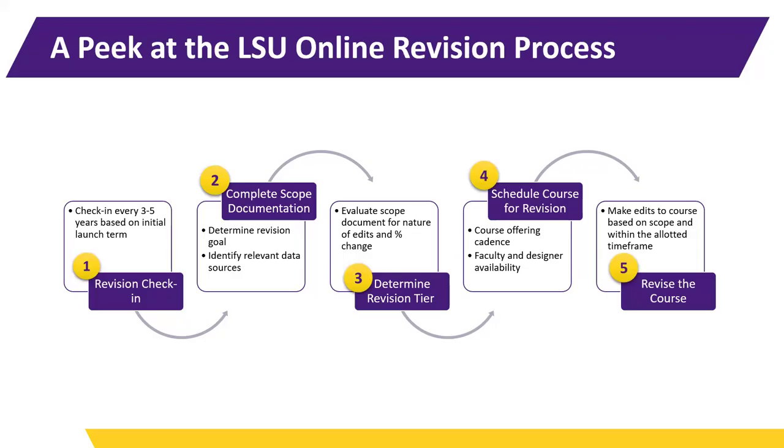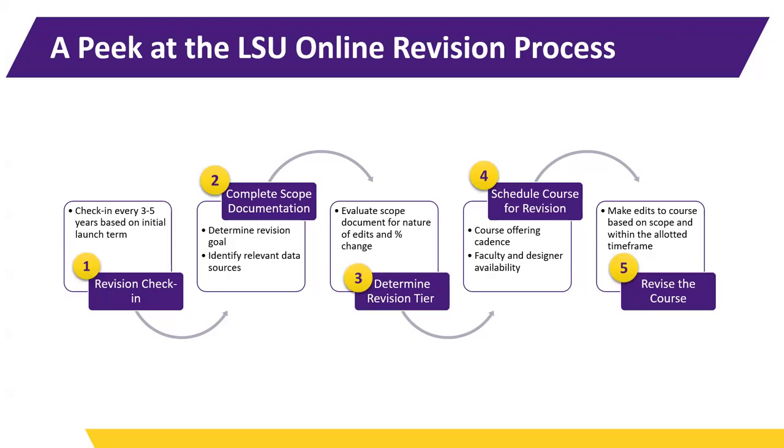We then evaluate the scope to determine the appropriate revision tier. So we do have a tier document that we can share in the chat. And this basically goes over that percent change that I mentioned earlier. It's not a comprehensive list of every single edit that could be categorized to a particular tier.